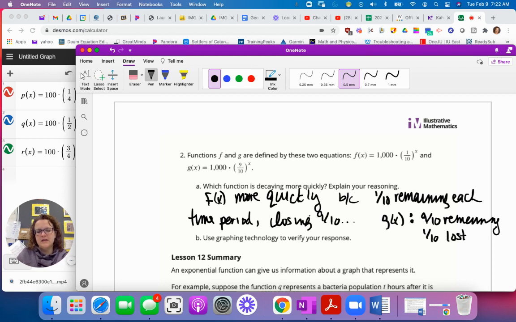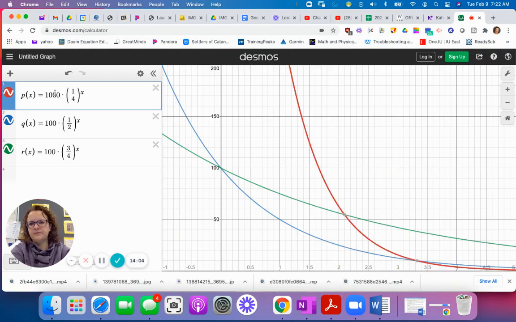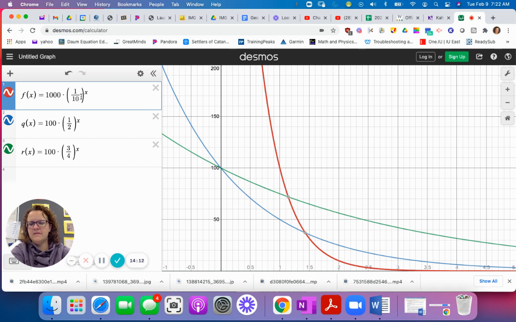And then use graphing technology to verify your response. Let's go for it. This was f of x. 1/10. And then it was g of x, wasn't it?